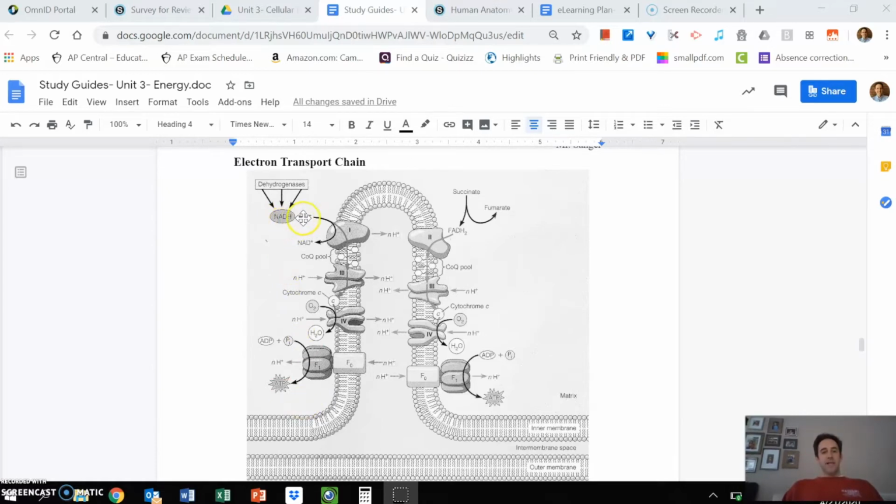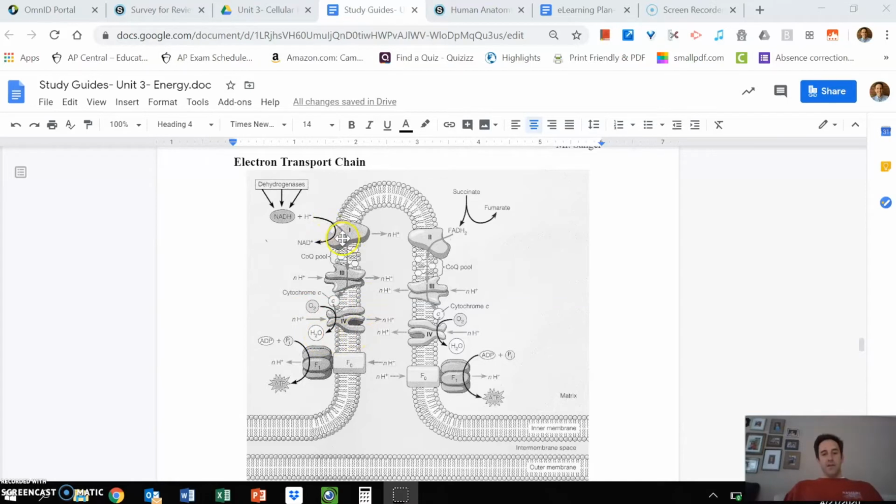NADH passes an electron to the proteins in the electron transport chain, becomes NAD+. That NAD+ is then recycled again in the Krebs cycle and glycolysis. The electron is passed from protein to protein to protein, ultimately being passed to oxygen to form water.